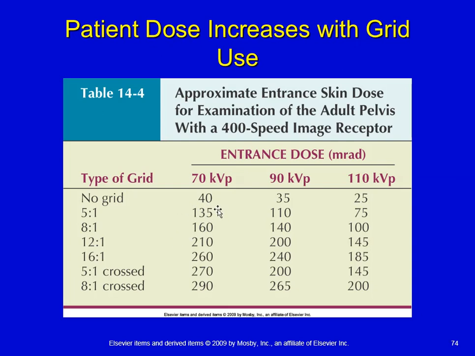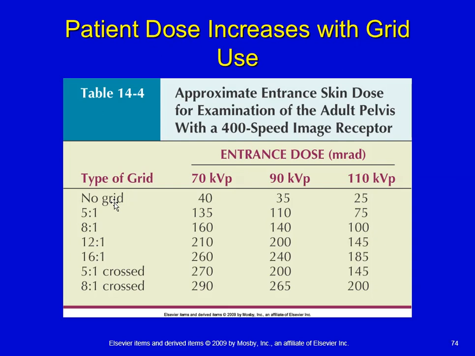What your pediatric hospitals in a lot of cases will do is to use a low ratio grid. So if you were working in children's, for example, your grid ratio may be no higher than 8:1. The average grid ratio in most hospitals is going to be about a 10:1.